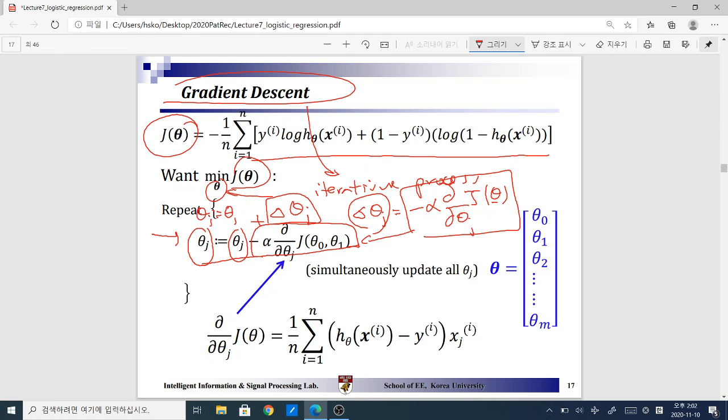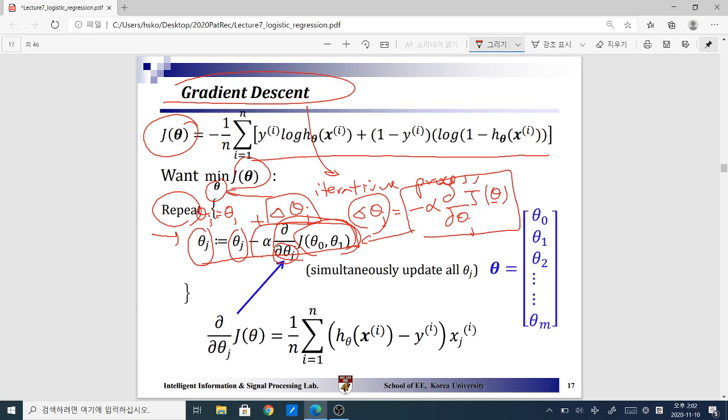It is essentially the change of the parameter value. And this is going to be done iteratively. That is, we repeat this process again and again. And so what you do is essentially you take the partial derivative of this cost function with respect to each of these parameters theta sub j.